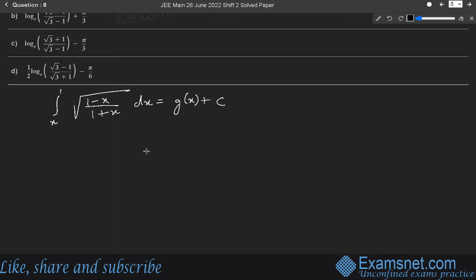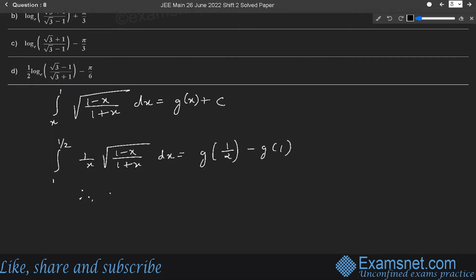It can also be written as the integral from 1 to 1 by 2, 1 by x into under root of 1 minus x upon 1 plus x dx is equal to g of 1 by 2 minus g of 1. Therefore, g of 1 by 2 will be equal to the integral from 1 to 1 by 2, 1 upon x into under root of 1 minus x divided by 1 plus x dx.